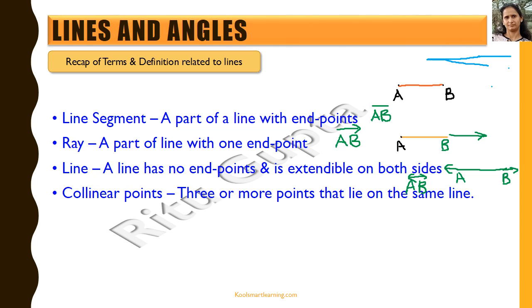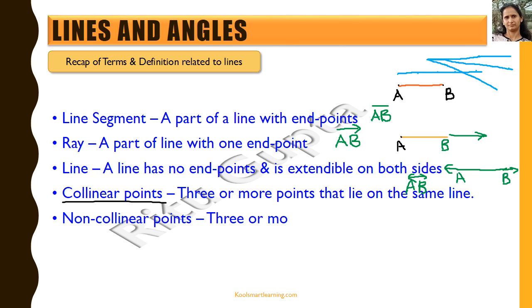I can join any 2 points and make a line, but I cannot put all the 4 points on the same line. So these are non-collinear points. But if I have points like these, 3 or 4 or more, and I draw a line and can have all the points lying on the same line, they are called collinear points.